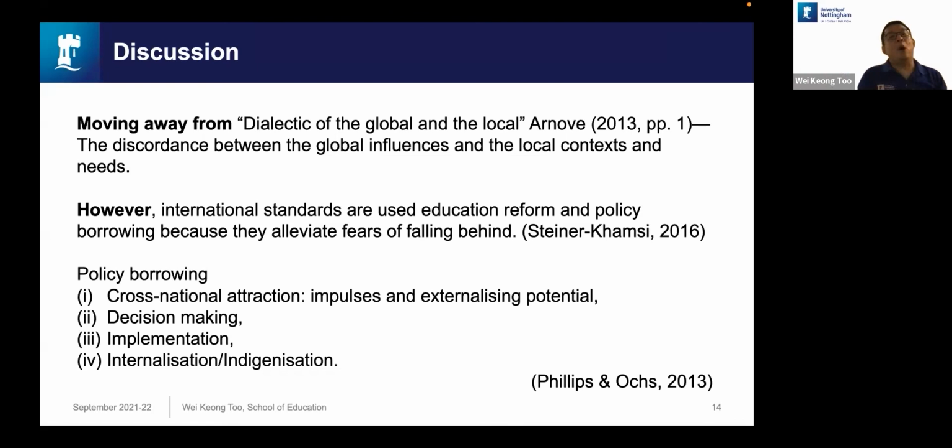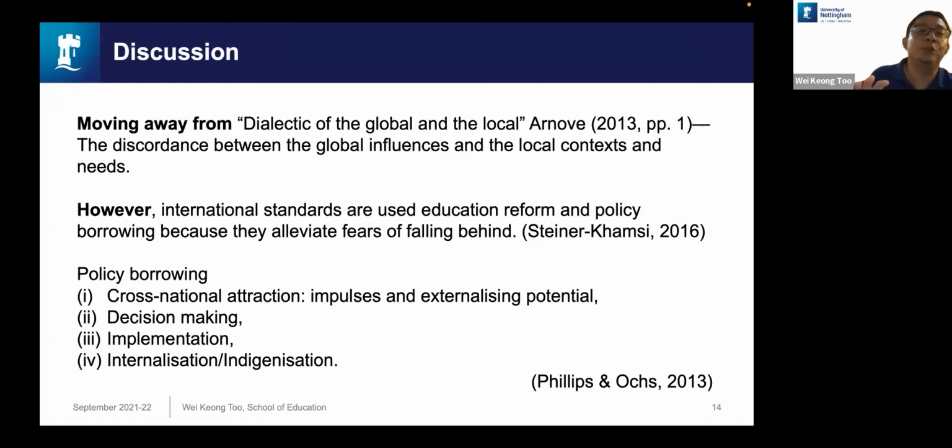When it comes to policy borrowing, just like the Malaysian government, governments would benchmark against the CEFR or even use the framework. Sometimes, if you use the Cambridge standard, then you just adopt it.